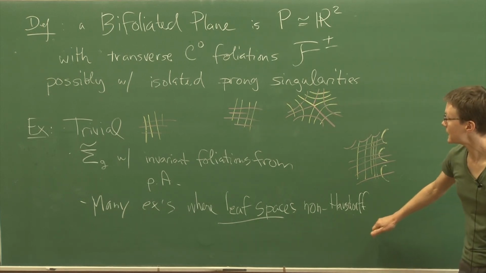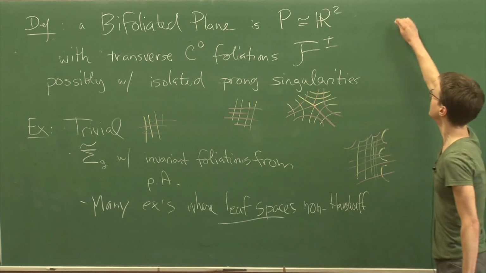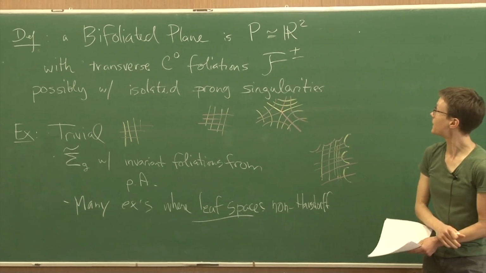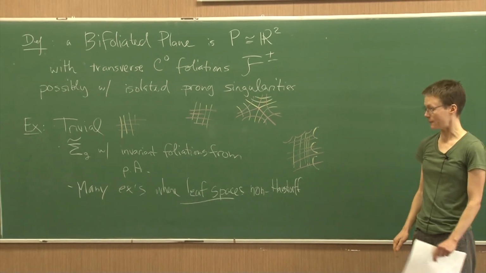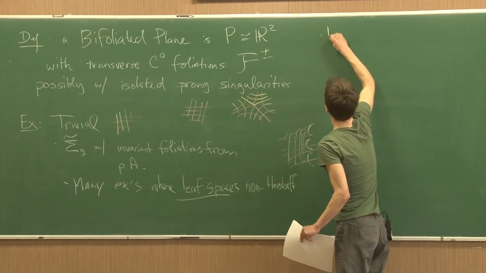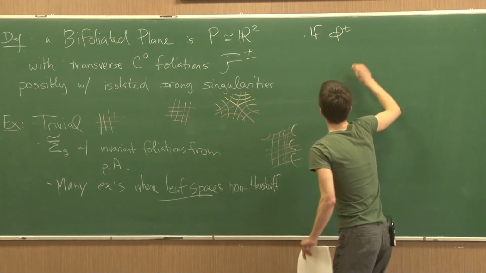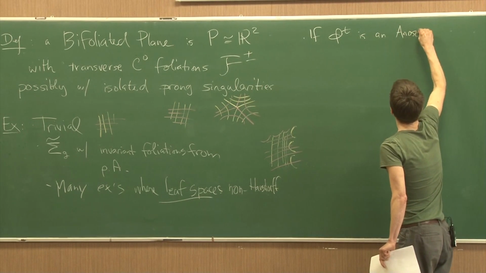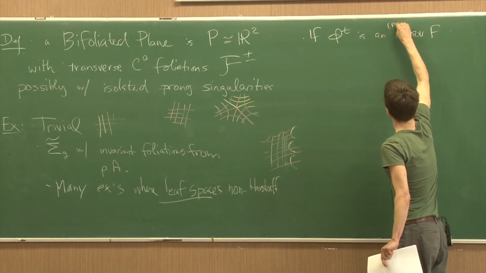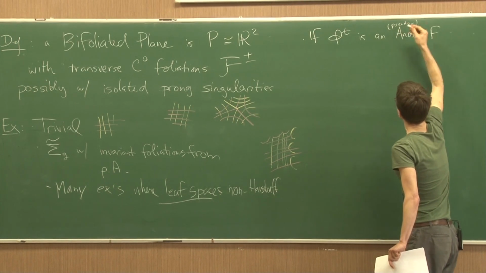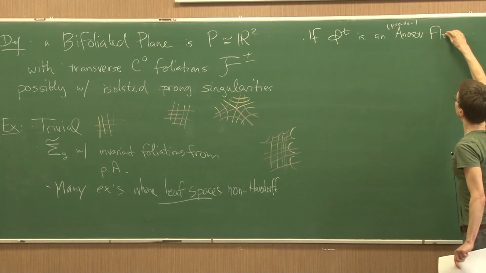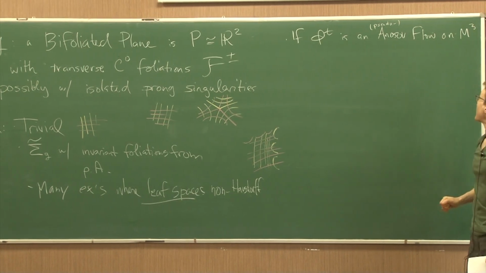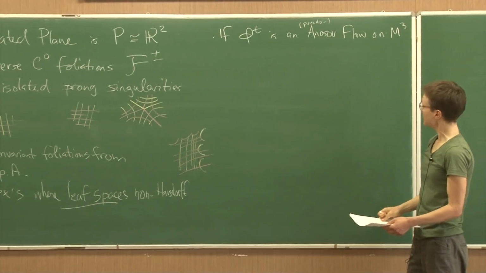Okay. The motivating example comes from geodesic flow, or more generally Anosov flows. So if you take an Anosov flow, or more generally, I won't define this, but there's a generalization, on a compact three manifold, a closed three manifold.